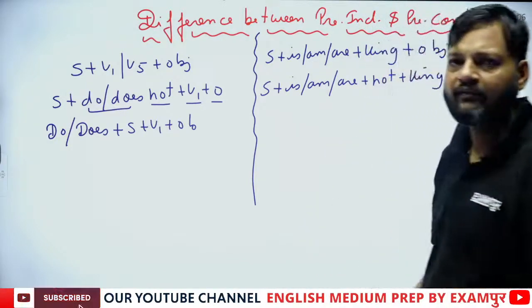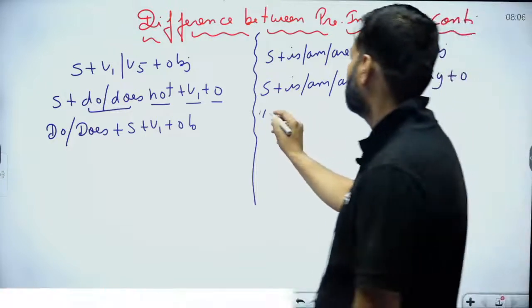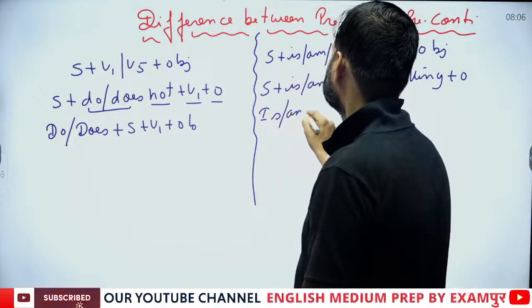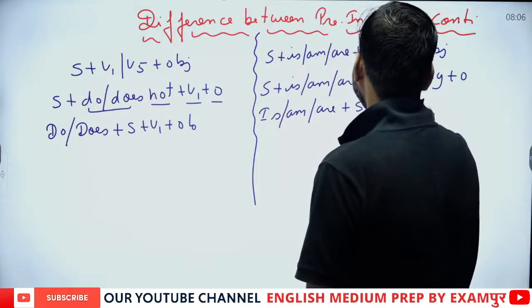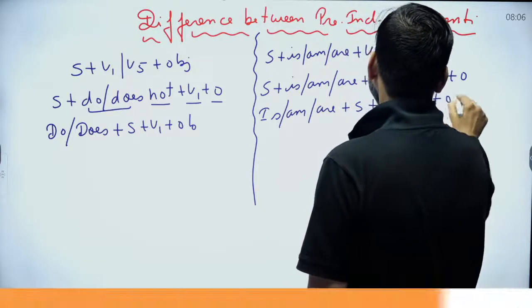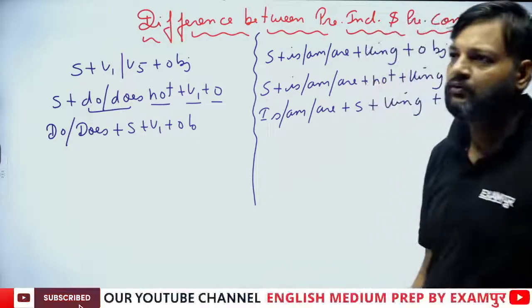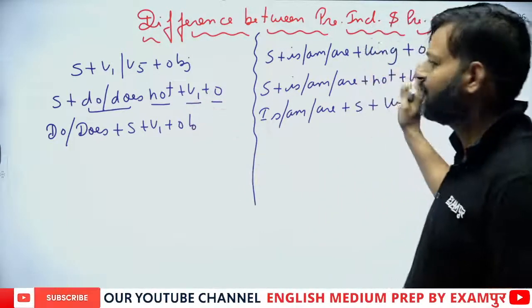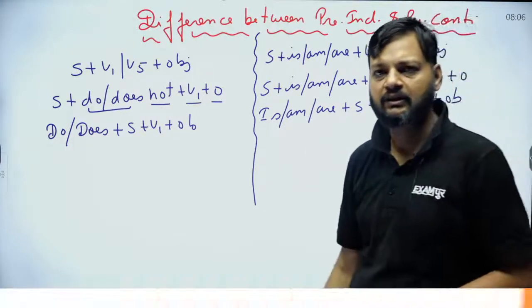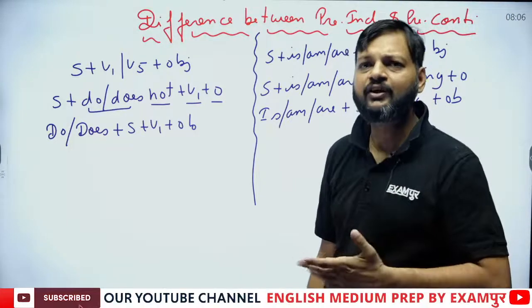This is negative continuous. And is/am/are, then the subject plus ing and object. This is interrogative, right? So this is the structure of present indefinite tense and this is the structure of present continuous tense, right? So now what is the difference?